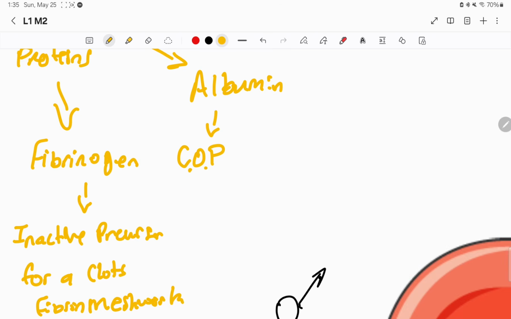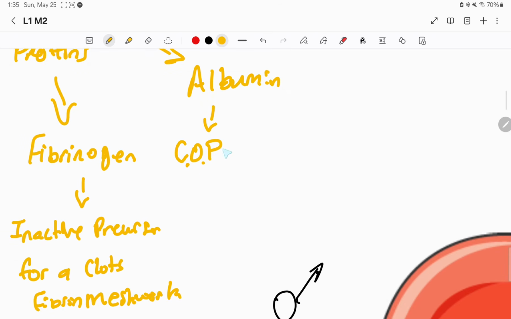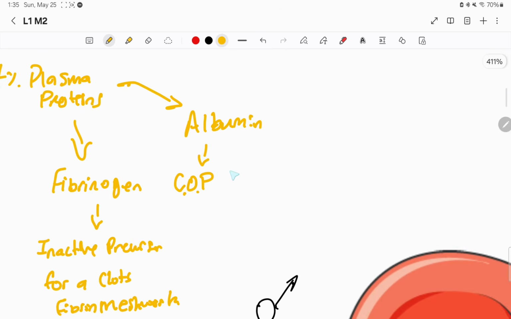By the way, colloid osmotic pressure is just referring to the osmotic pressure originating inside of the plasma, because the plasma proteins form this thing called a colloid. You don't really have to worry too much about what a colloid actually is. Just know that they form a colloid. It's like a gelatinous solution, like the whites of the egg, right? You can think of it like that.